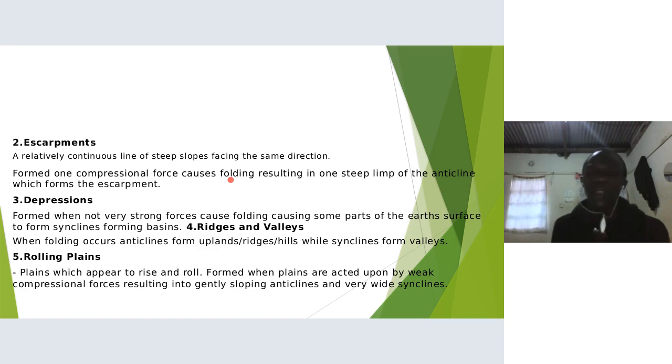Our third feature is depressions. How is a depression formed by folding? It is formed when not very strong forces cause folding, causing some part of the Earth's surface to form a syncline or basin.